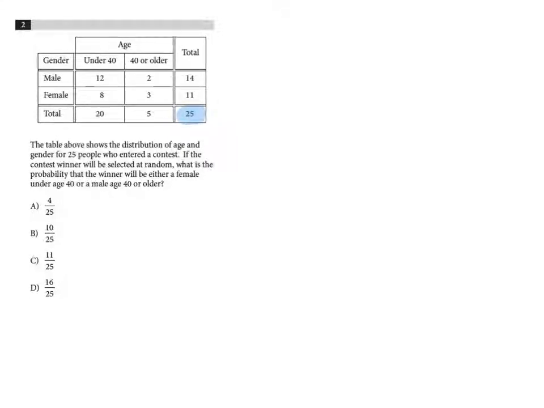So female under 40, that would be here, or male 40 or older. Well, that would be right here. So that's going to be 10. It's going to be 10 out of the total 25.